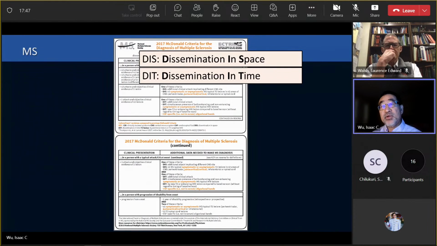In the past, you required two separate sets of images, because how can you tell if a lesion behaves differently if you have only one set of images? But now you can use one single set of images to determine whether there's dissemination in time. If, say, one lesion enhances and another does not, that can also qualify as dissemination in time from the imaging perspective.